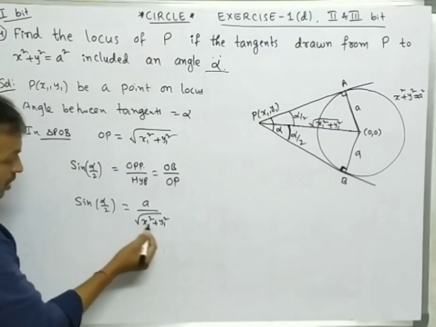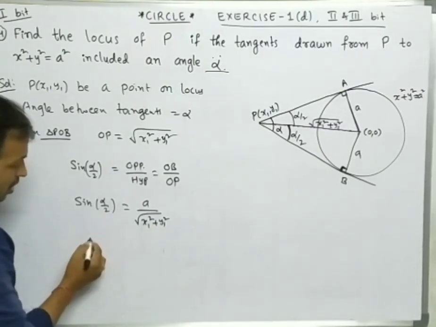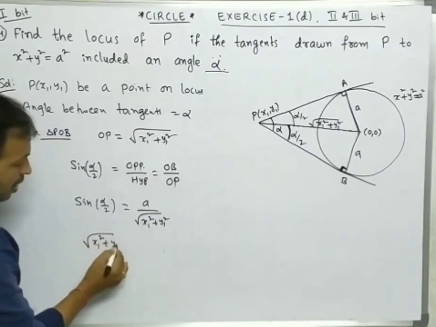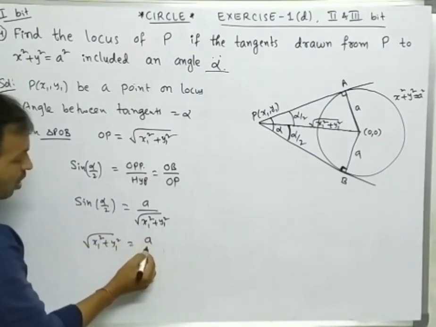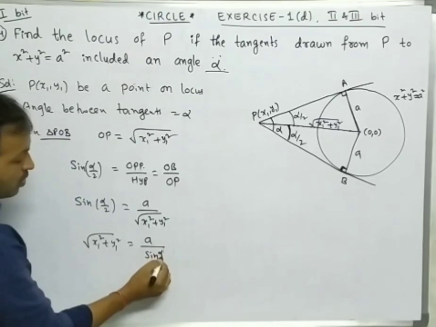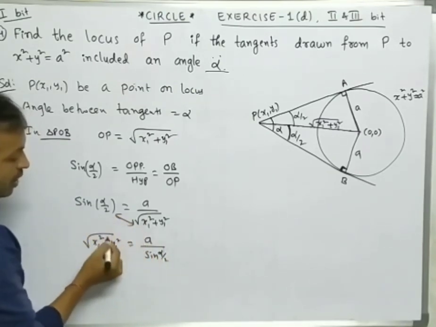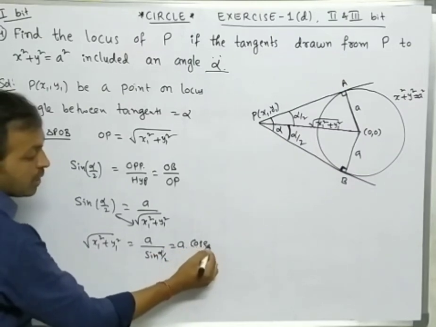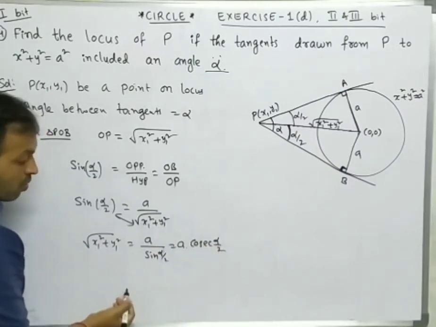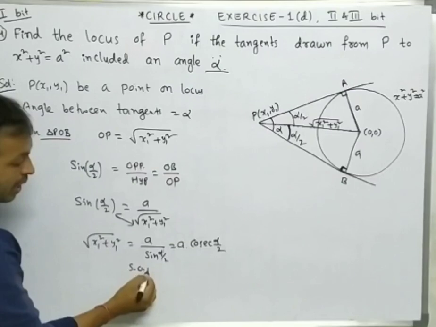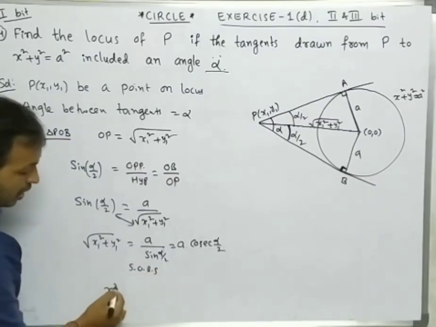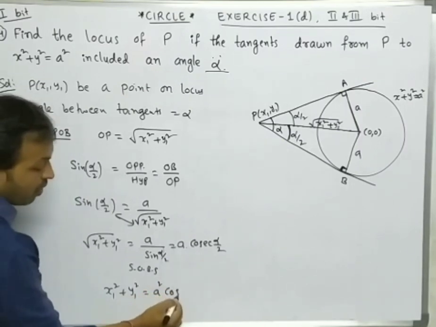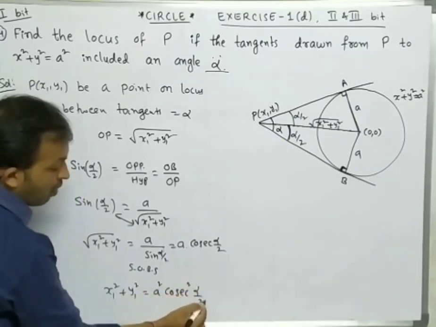Next, do cross multiplication. Root of x1 square plus y1 square is equal to a by sine alpha by 2, interchanging these terms, which is equal to a into 1 by sine, that is cosecant alpha by 2. Now squaring on both sides, you will get x1 square plus y1 square is equal to a square cosec square alpha by 2.